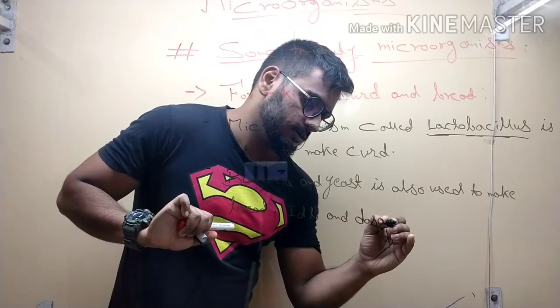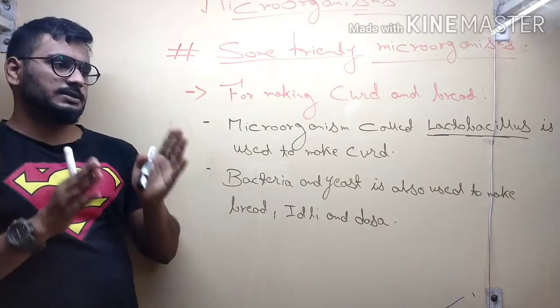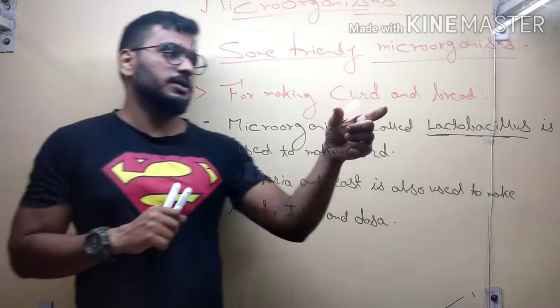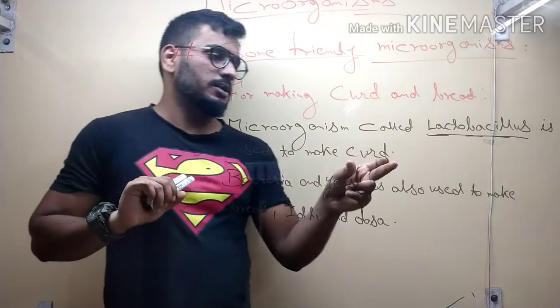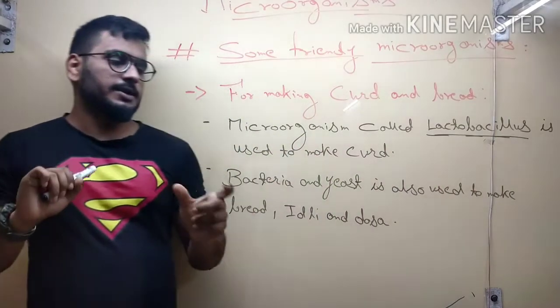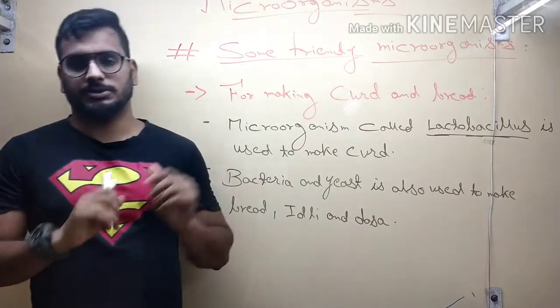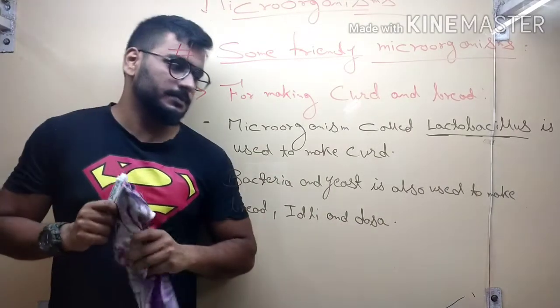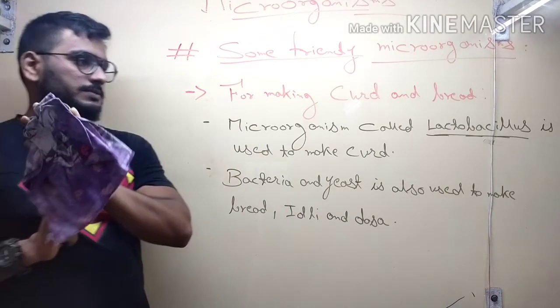Dosa is also a South Indian food. So this was the first point. For making curd and bread we use microorganism. For making curd we use lactobacillus, and bacteria and yeast are used to make bread, idli and dosa. Note this thing. Then we will move forward to the next point.